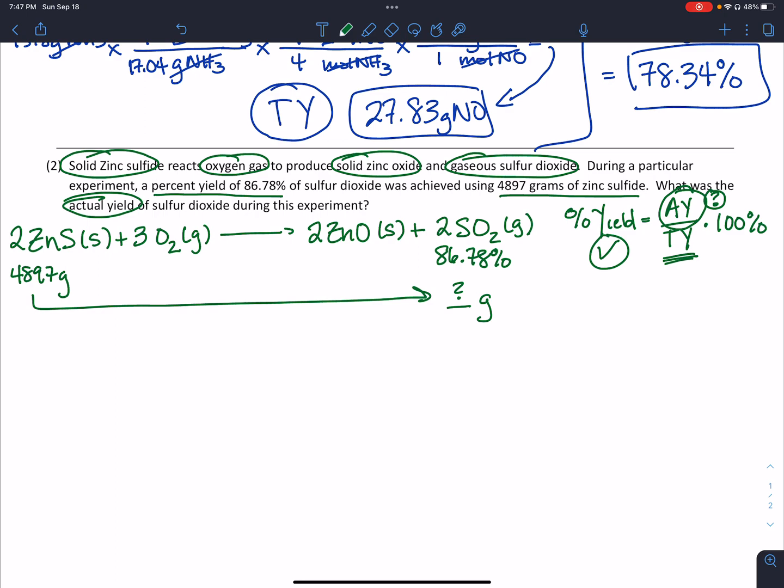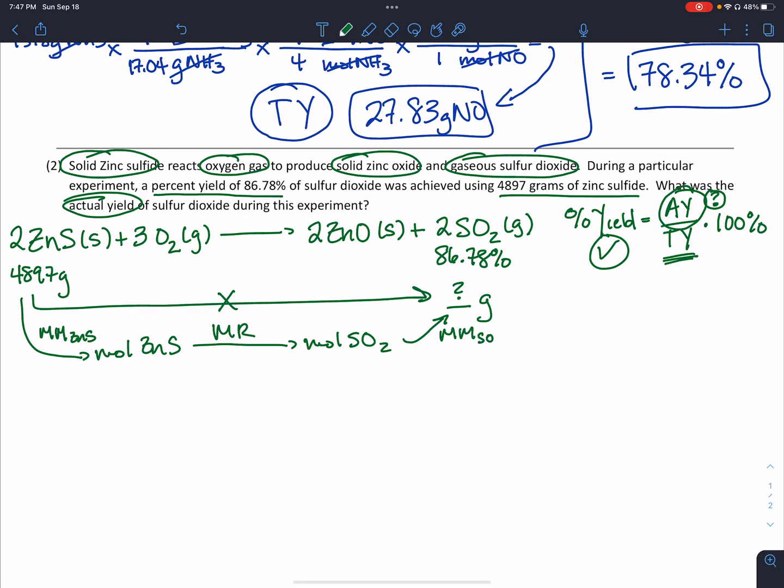As we saw before, we can't go directly between those two, so our first step, moles of zinc sulfide, and we'll use the molar mass of that compound for that step. Then we're going to convert to moles of the sulfur dioxide. We'll use a mole ratio step, and then we can convert to grams of sulfur dioxide using its molar mass. This is going to give us our theoretical yield.